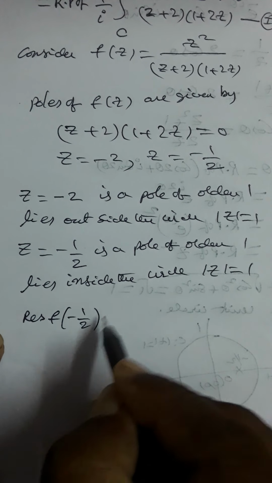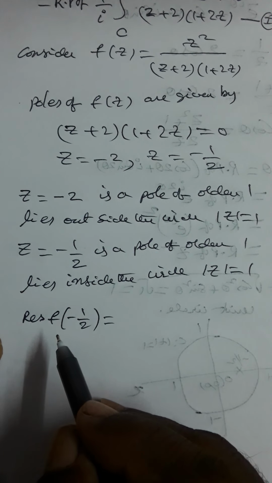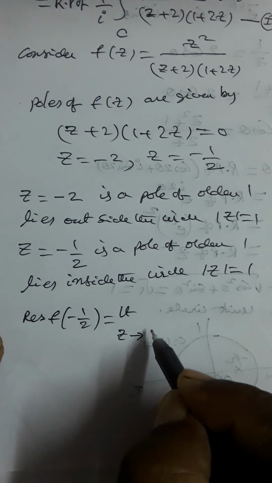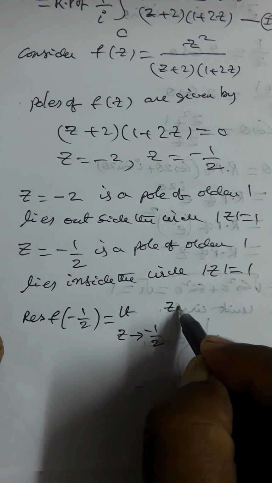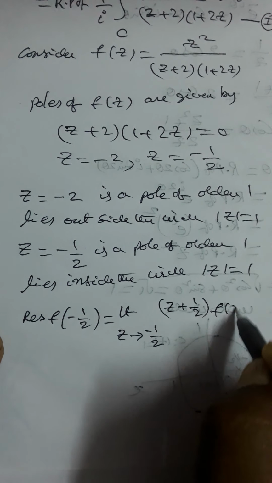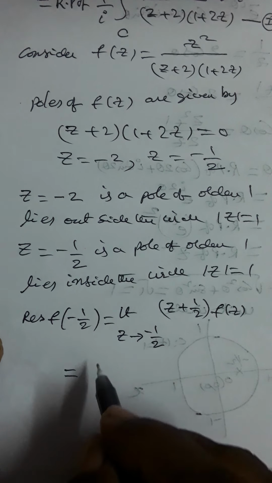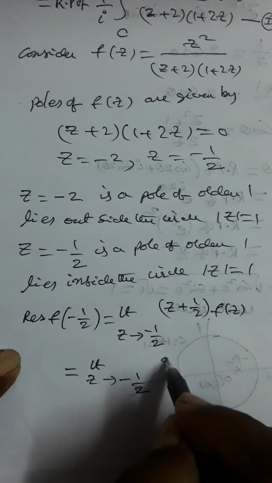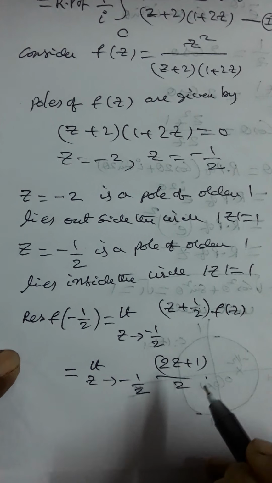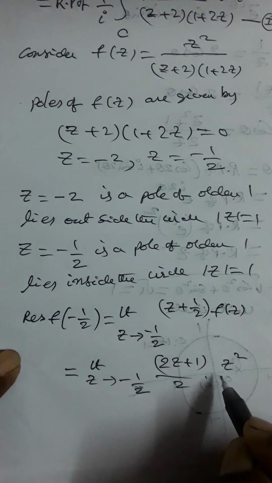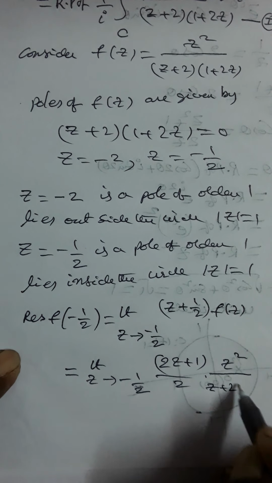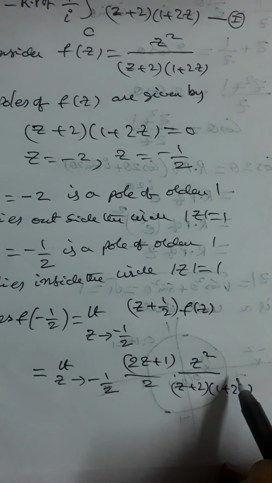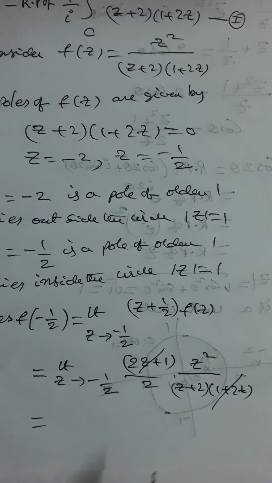Observe the residue of f at minus 1/2. The residue of f at a simple pole is the limit as z tends to a of (z - a) f(z). Here a = -1/2, so it is the limit as z tends to -1/2 of (z + 1/2) f(z). Taking the LCM, (2z + 1)/2, with f(z) = z^2 / ((z + 2)(1 + 2z)), the factors 1 + 2z cancel.